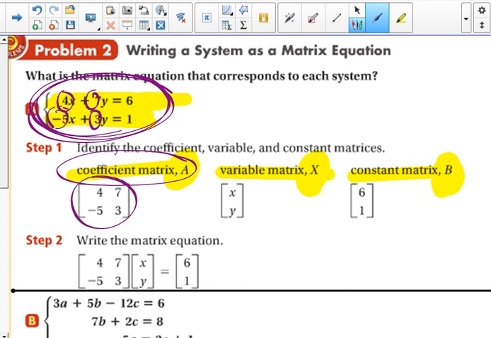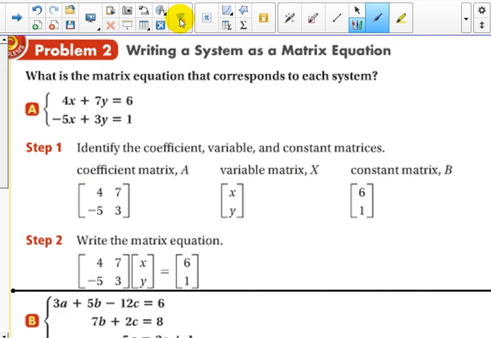There they are. What kind of variables are we looking at? An x and a y. There's our x and our y, our variable matrix, and equal to our constant matrix, 6 and 1. See how they turn that into matrices?